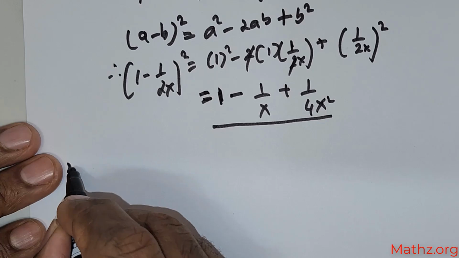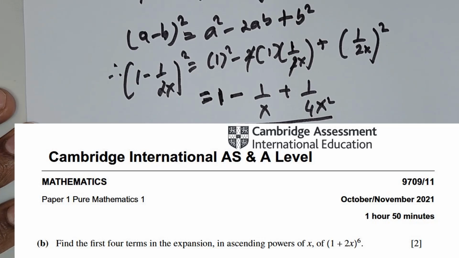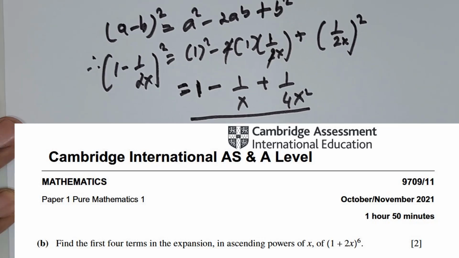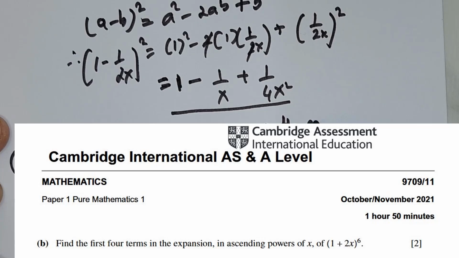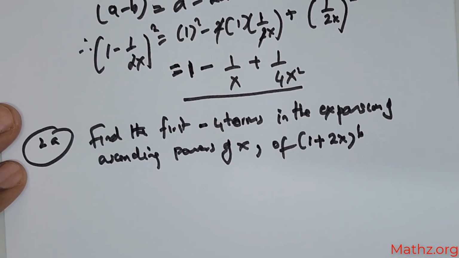Now you have question number 2. Find the first 4 terms in the expansion, in ascending powers of x, of (1 + 2x)⁶.